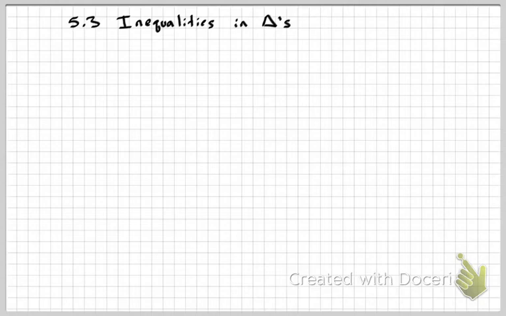So this is 5.4, not 5.3. So we are moving away from all the different types of segments we've been talking about. So no centroid, no incenter, circumcenter, or orthocenter, no medians, no altitudes, no angle bisectors, nothing like that.